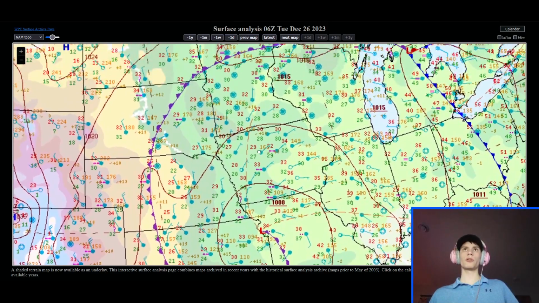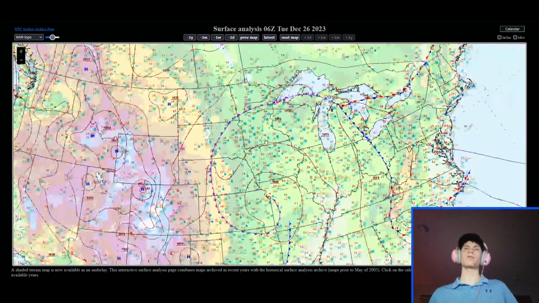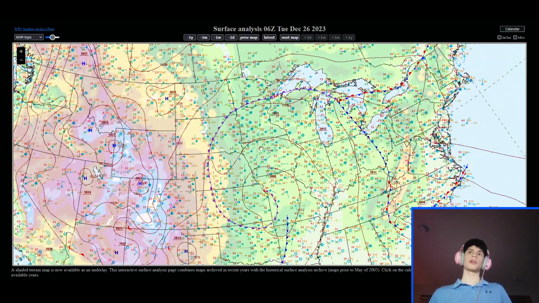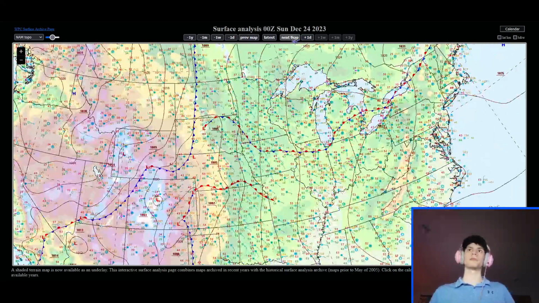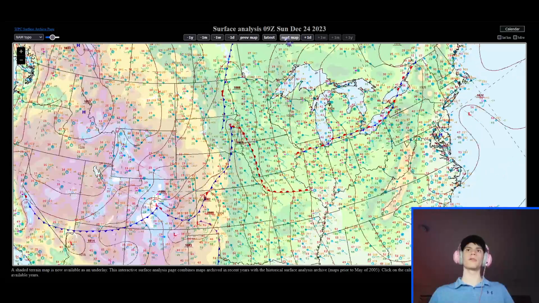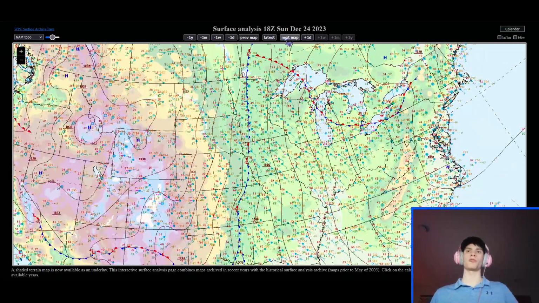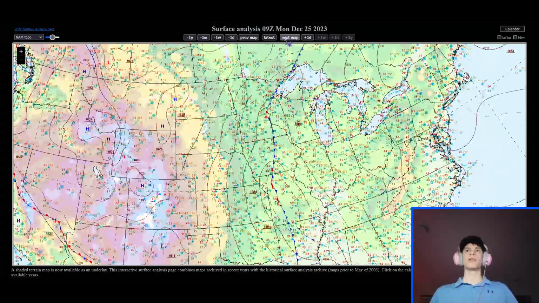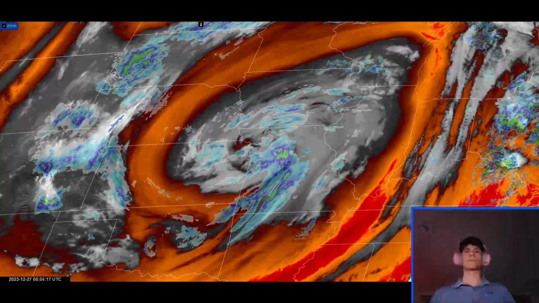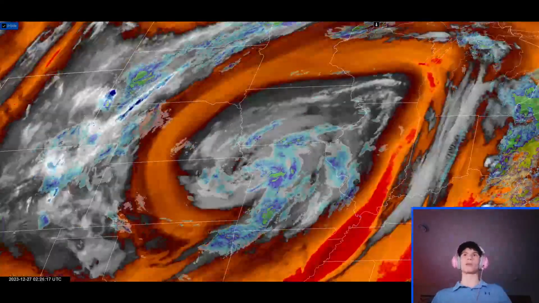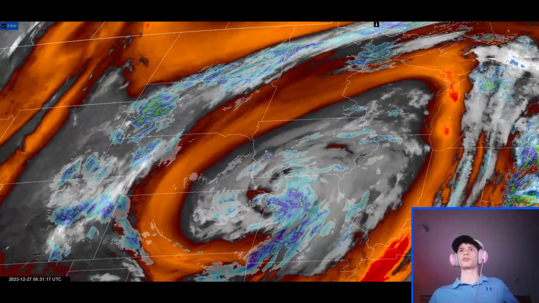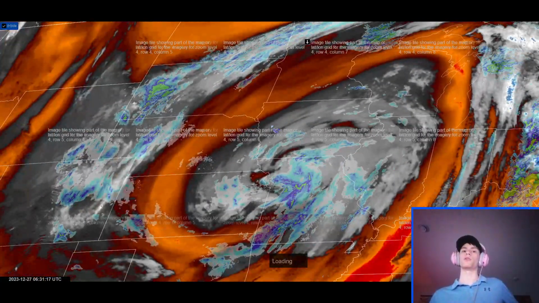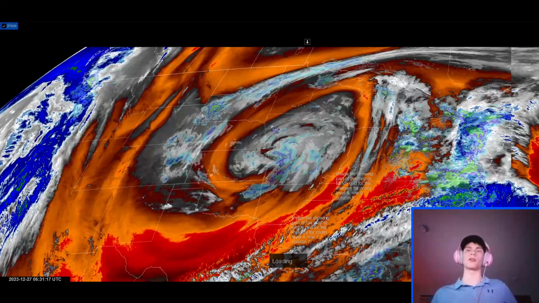So this was pretty much why we had just so much rain. We just had a low pressure system right here give us pretty much an appetizer of rain. And then the giant extratropical cyclone comes into play and just forces up a lot of moisture and creates a lot of rain and clouds.